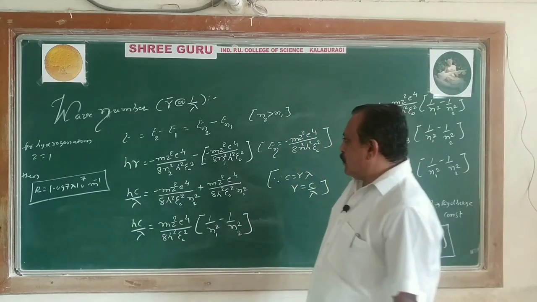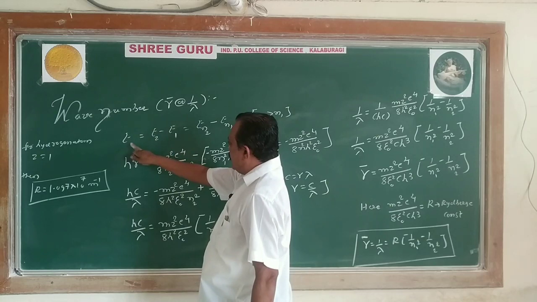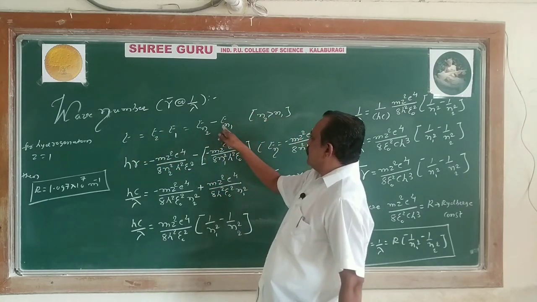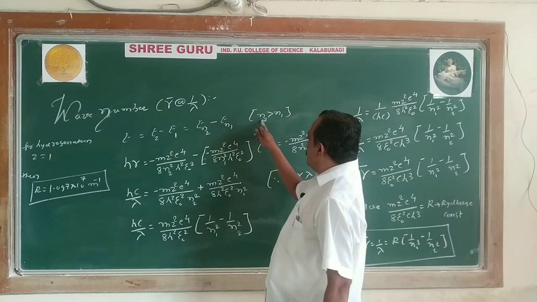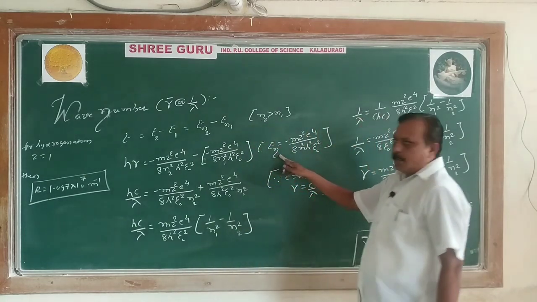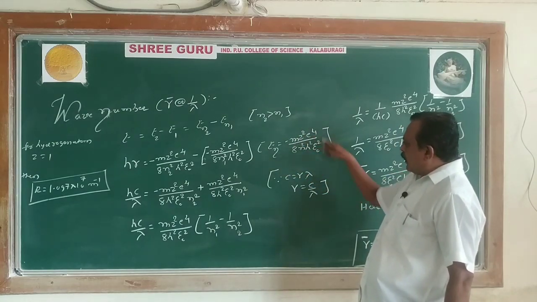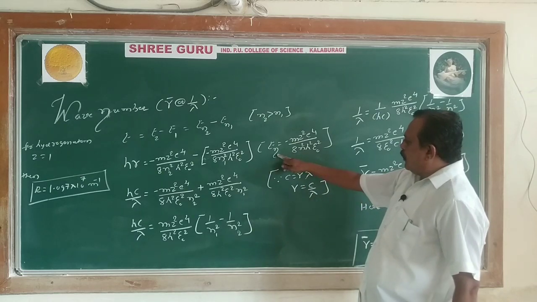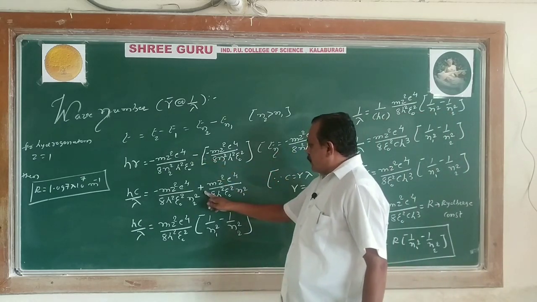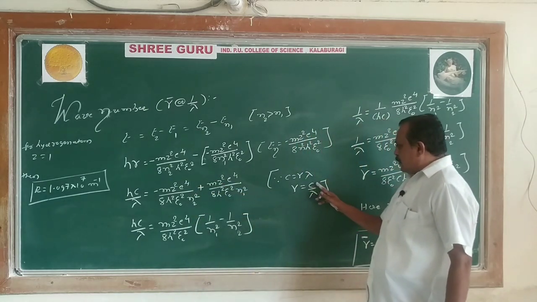When the electron jumps from any higher orbit to a lower orbit, we can get the energy radiated E. This E2 is the energy of the second orbit, E1 is the energy of the first orbit, n2 is the higher orbit and n1 is the lower orbit. So we know the nth orbital energy, that is our concept, with a minus sign. To remember it, for n2 replace n by n2, for n1 replace n by n1, take the entire constant value outside, and I replace nu by c by lambda.